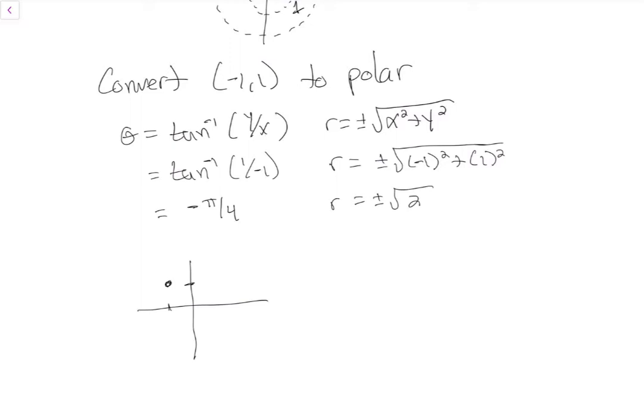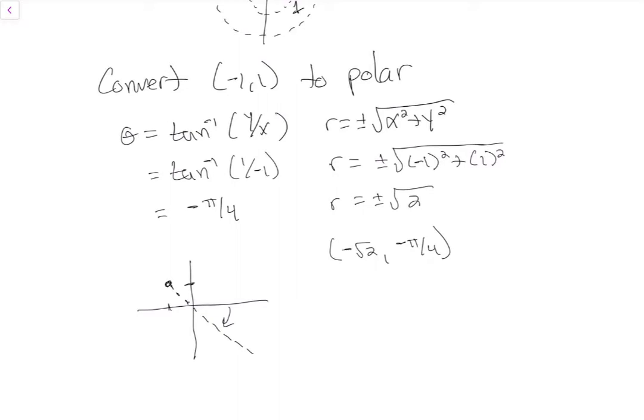Now if we go with the calculator's theta of -π/4, that puts us at a rotation of -45 degrees. So in order for us to get into quadrant 2, we're going to have to choose the negative r. So one possible conversion into polar is (-√2, -π/4).